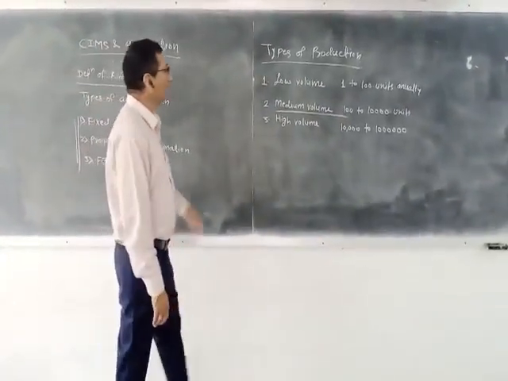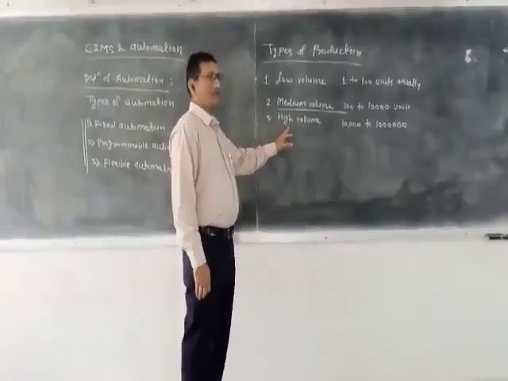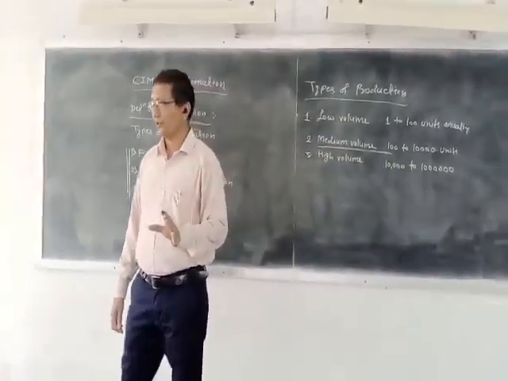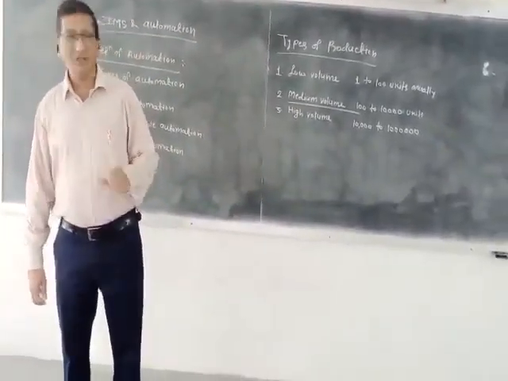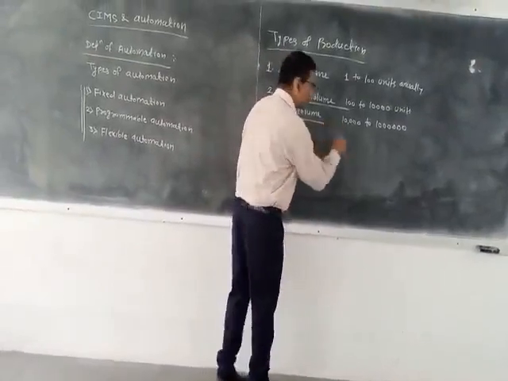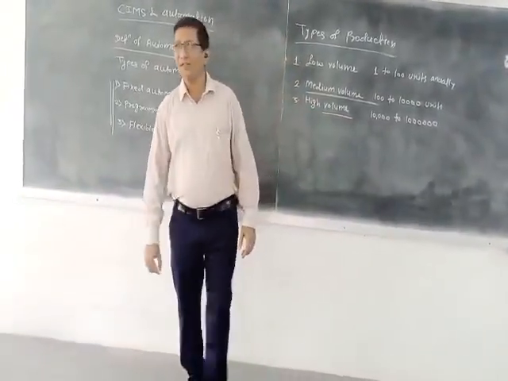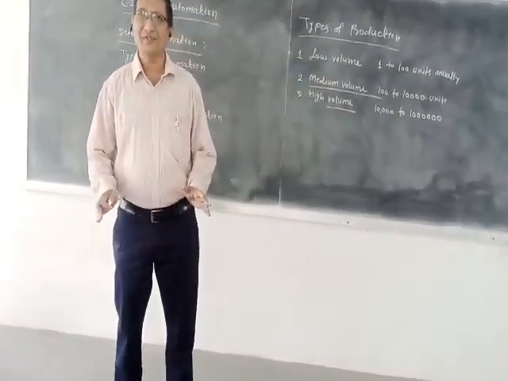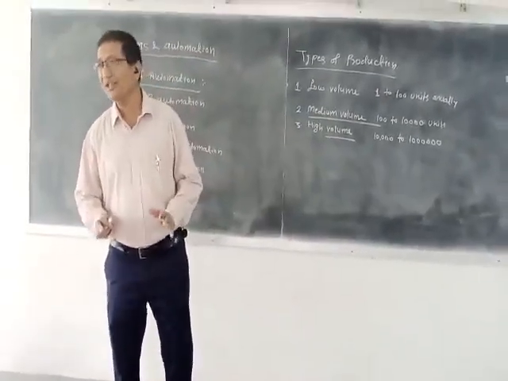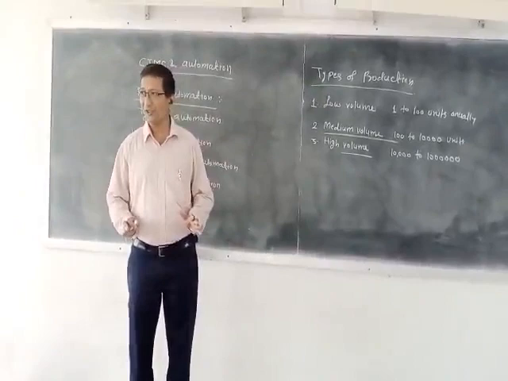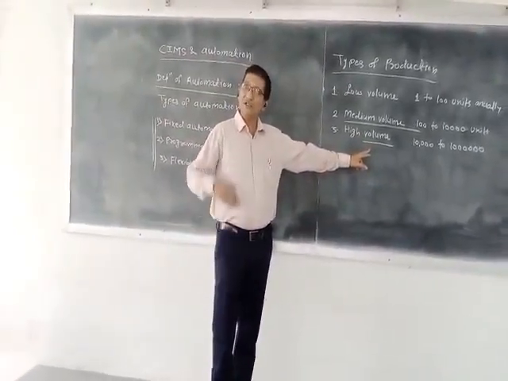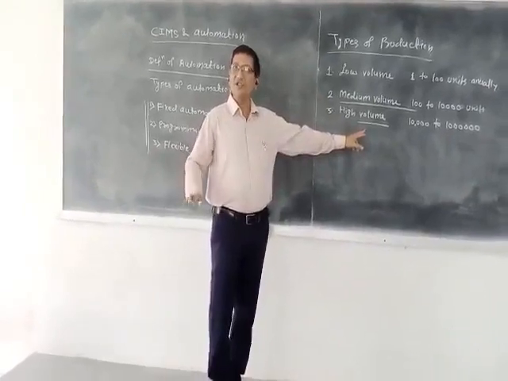And the third example of production is high volume, where you need continuous production. An example of such production is the manufacturing of steel. Now you need to produce continuously, because here we need uninterrupted production 24 by 7, because whatever you produce is in demand.